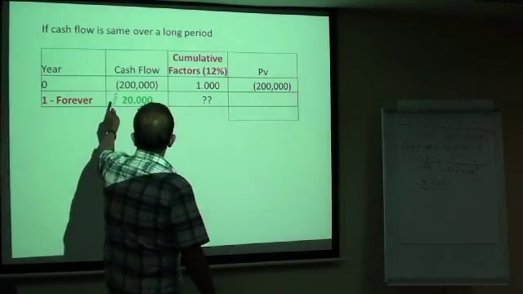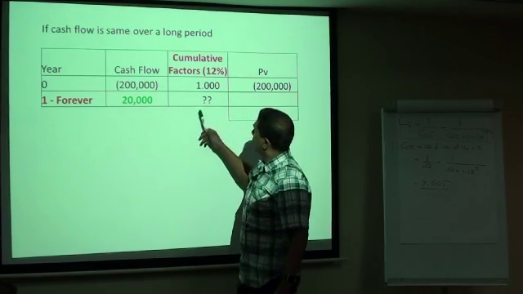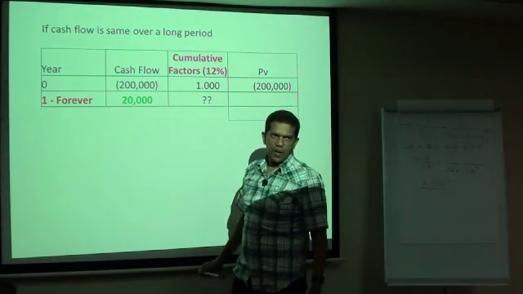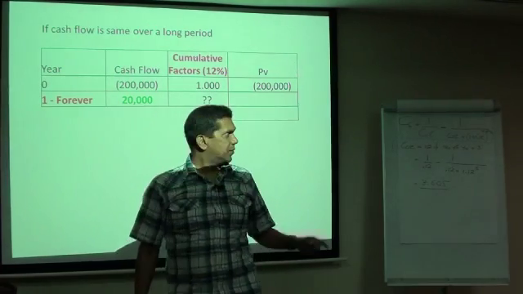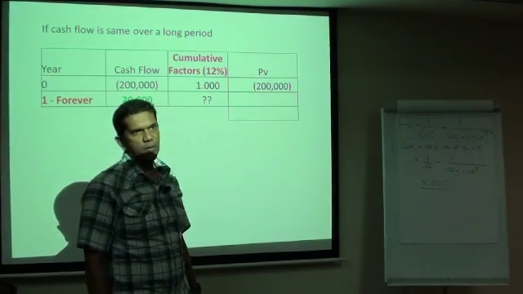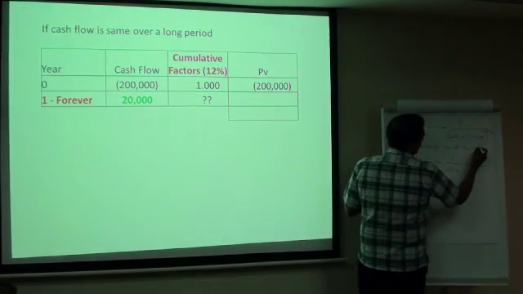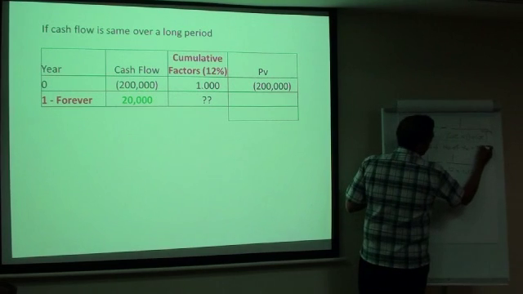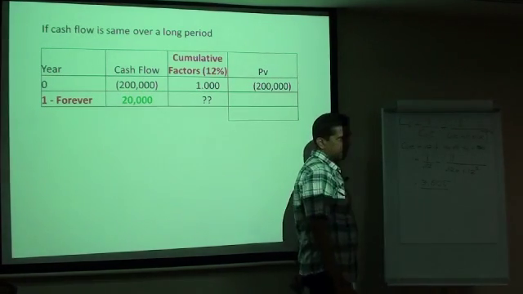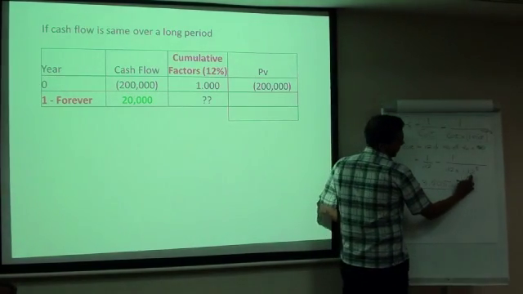He had to pay 200,000, that's a minus, but he will be getting 20,000 forever. What is that? And that's where this little formula comes very handy. 12% cost of capital, forever, infinity. 12%, 12%, 12%.